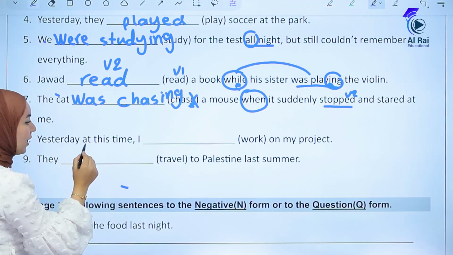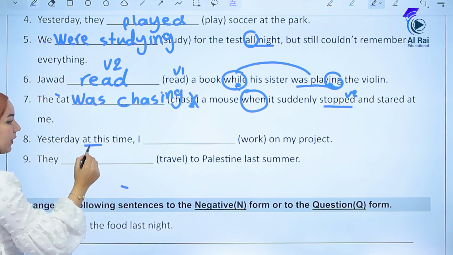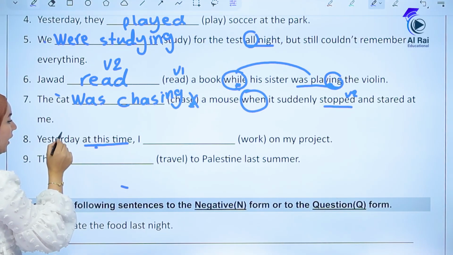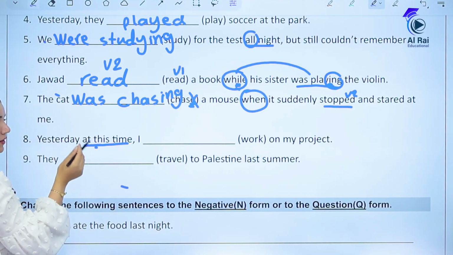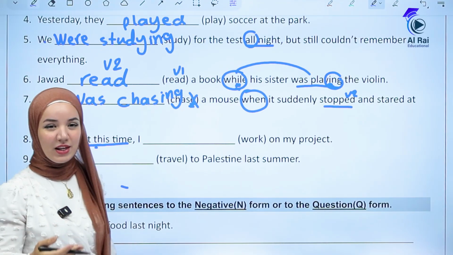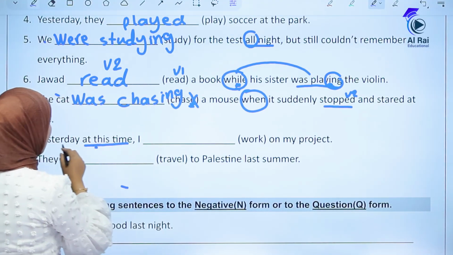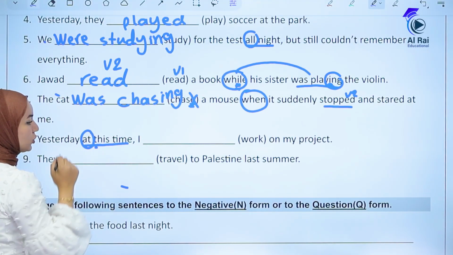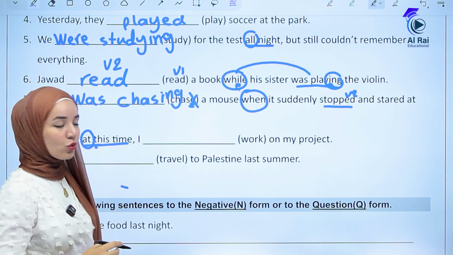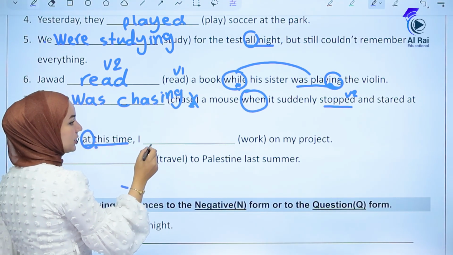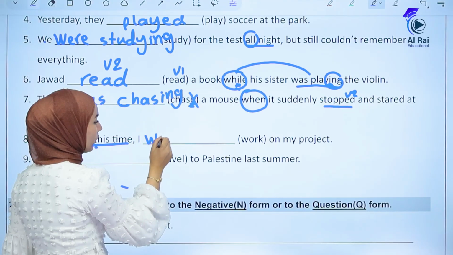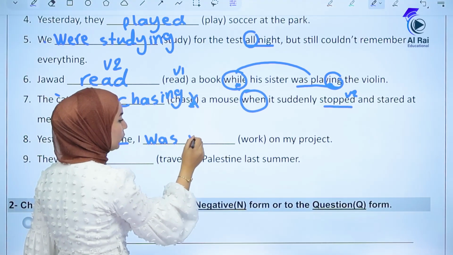Because of at this time, I will not use yesterday as a keyword for past simple, okay? So here, yesterday at this time, I need to use past continuous. Yesterday at this time, I was working.